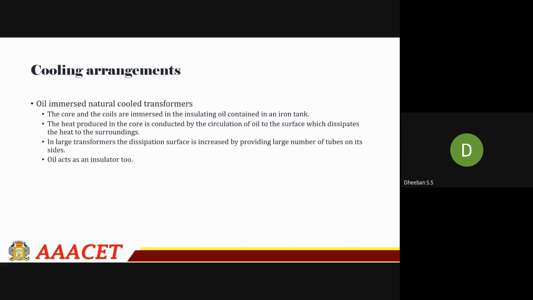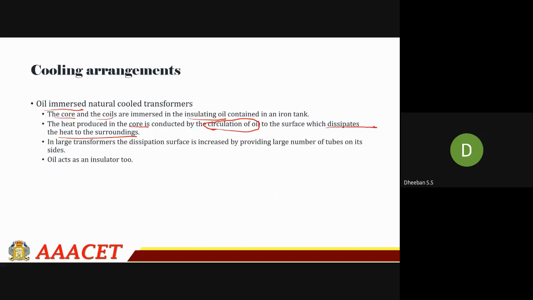So cooling arrangements. We'll be seeing how the cooling arrangements are involved. First is oil immersed cooling. Here the core and the coils will be immersed in the insulating oil, or the transformer oil, which we have seen previously. The heat produced in the core is conducted by the circulation of the oil. The oil will always be circulating inside to the surface, which dissipates the heat to the surroundings.